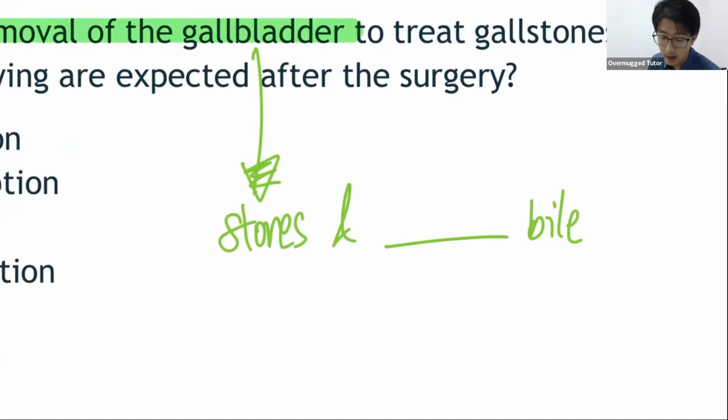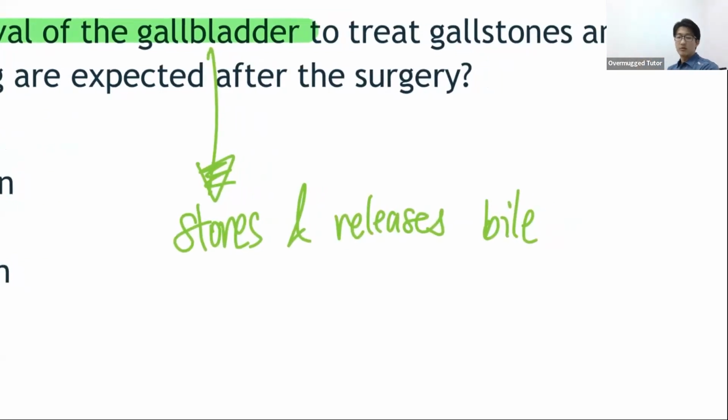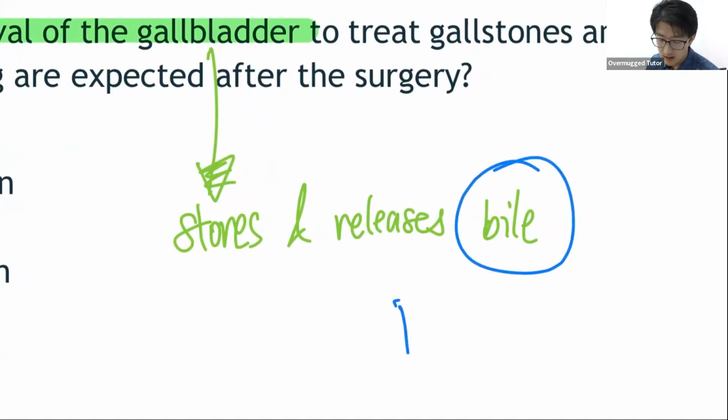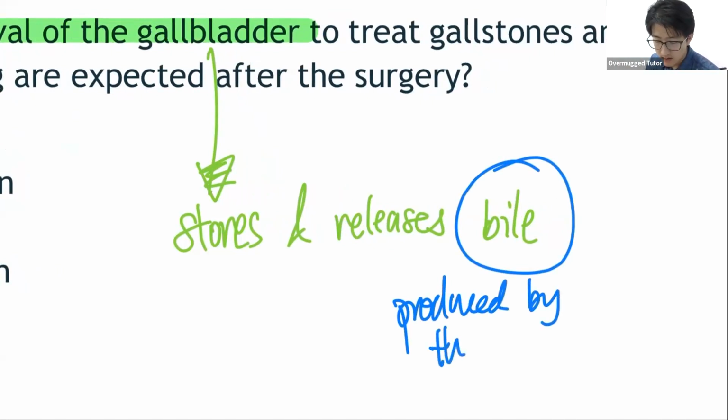So the gallbladder also stores bile. So why do you not say produce bile? Yes, yes, yes. Because bile is produced by the liver. Alright, please keep this in mind. Do not make this mistake.